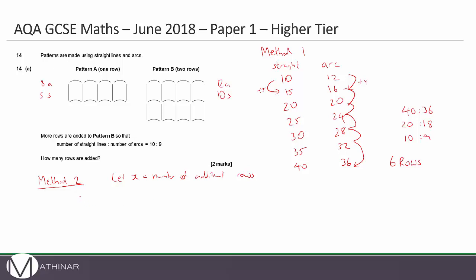Right, and then the number of straight will be the 10 that we started plus 5 times x. Yeah, so if I wanted to know after 3 more rows, then it would be 5 times 3 is 15 plus the 10. So 10 plus 5 times x. And the arcs, we started with 12, and then for each row we add 4 more arcs, so it's going to be 12 plus 4x.